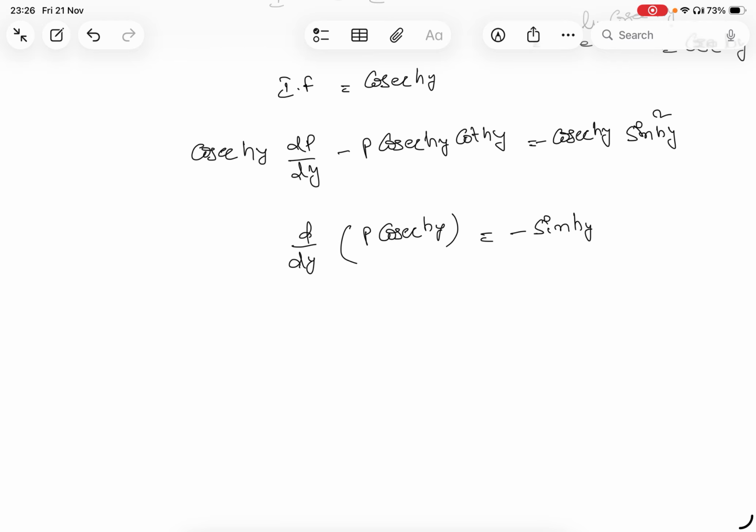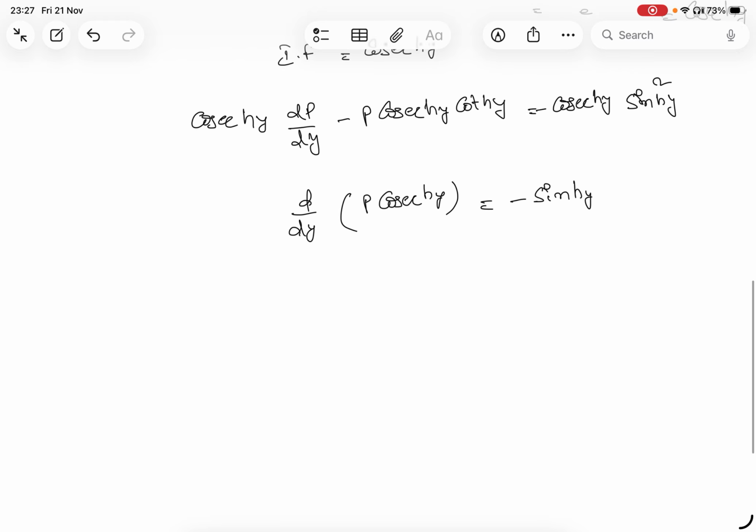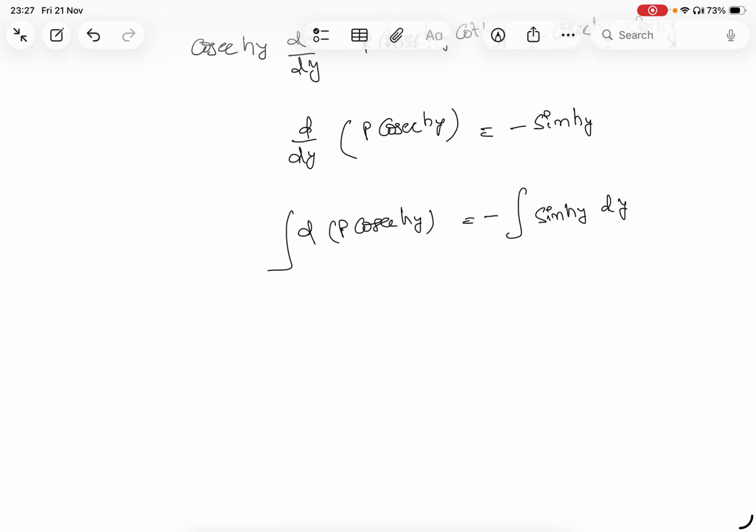If you integrate this, d of p cosech y equals minus the integral of sinh y dy. So this will be p cosech y, which is p in the numerator over sinh y, equal to minus of sinh y integration, which is cosh y.